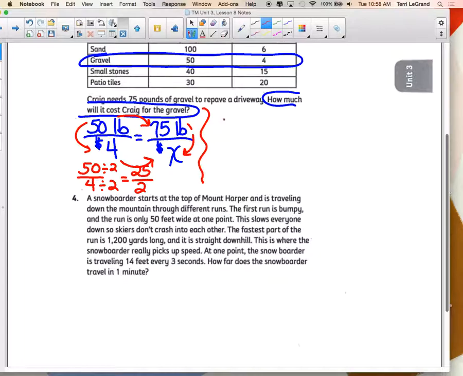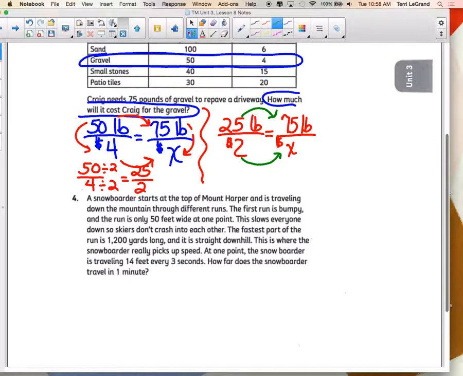Let's do 25 pounds over $2 and set that equal to the 75 pounds that Craig wants over x dollars. Now is it friendlier? Well, let's see. Remember, we have to go from here to here. So can we go from there to there? Yeah, those are kind of nice numbers, aren't they?